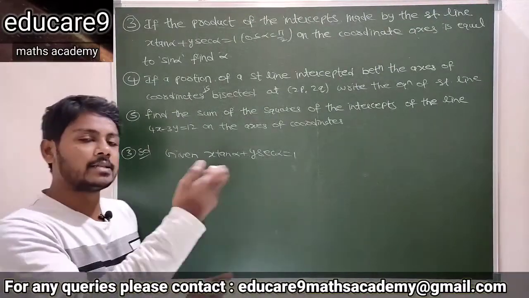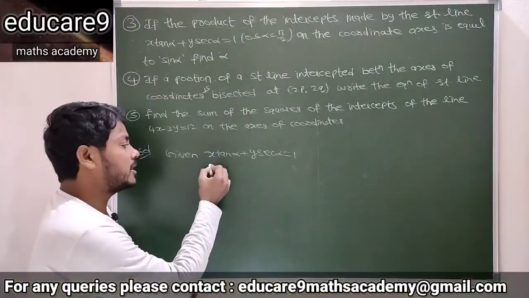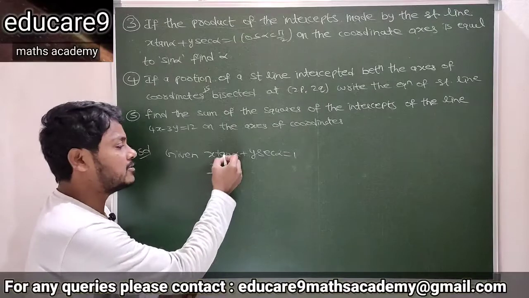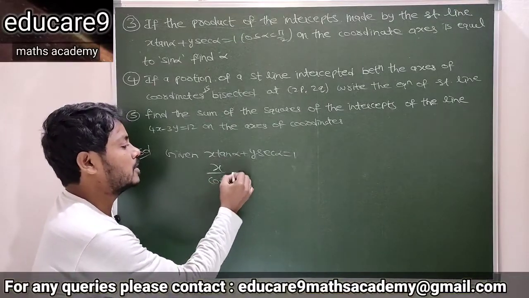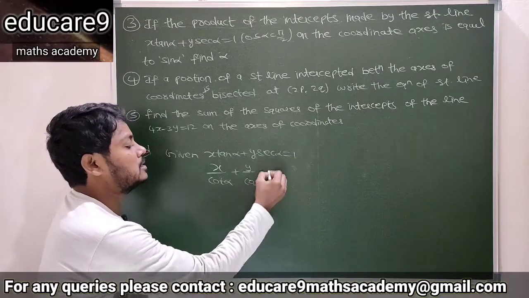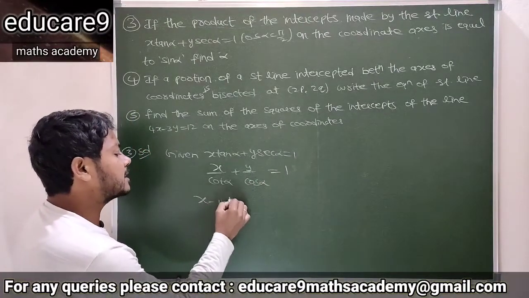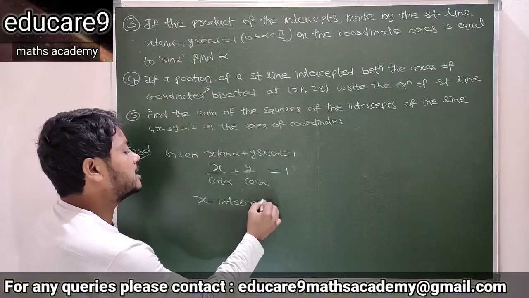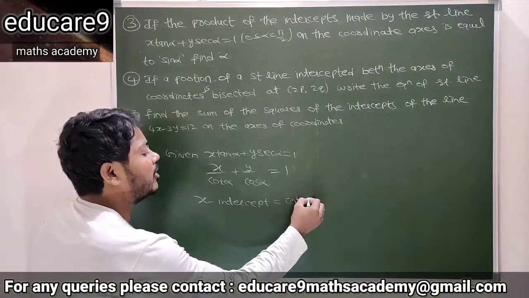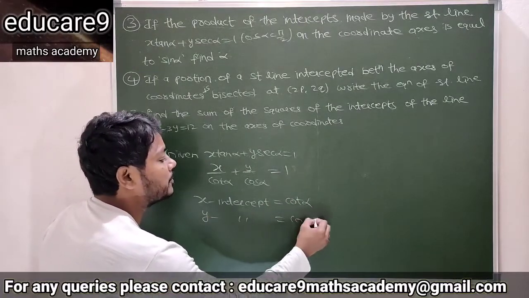So what is that? x by a plus y by b is equal to 1. So for that, tan can be written as 1 by cot and sec can be written as 1 by cos, equals 1. So clearly the x intercept is cot alpha and the y intercept is cos alpha.